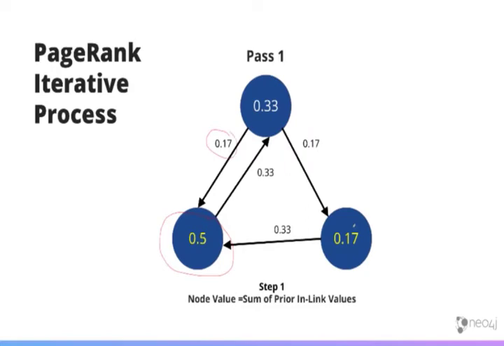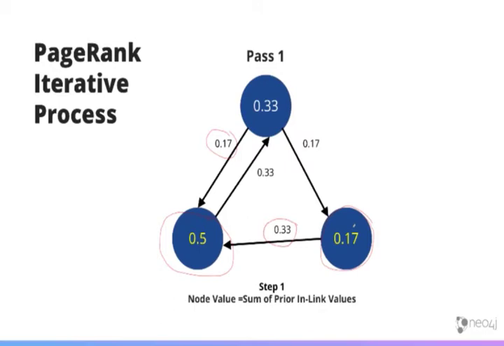One in-link has a value of 0.17, and another link has a value of 0.33. You add those 2 together, you get 0.5. This node on the right that previously had a 0.33 value only has 1 in-link with a 0.17 value. It takes on that value.